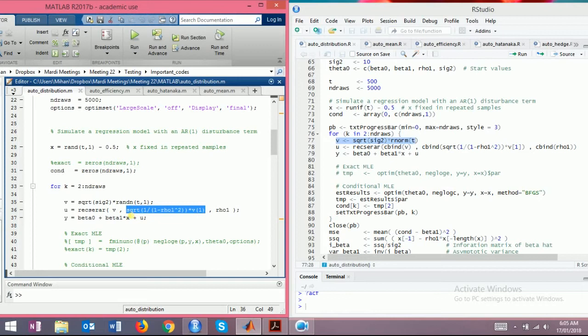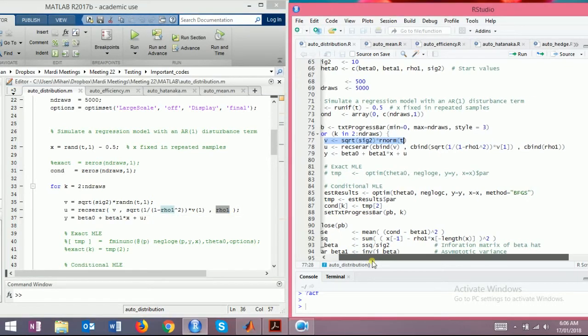This is generating the exogenous variable basically, or the other way around. If this is the exogenous variable x, y naught depends on x, which is generated based on x, and then rho 1 is the correlation coefficient a, which comes in between.